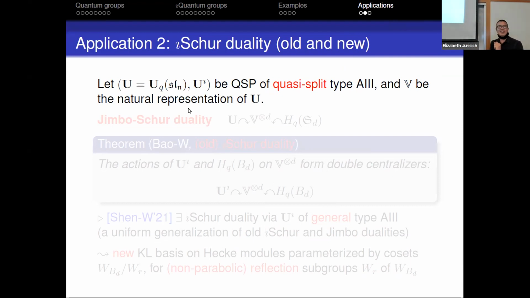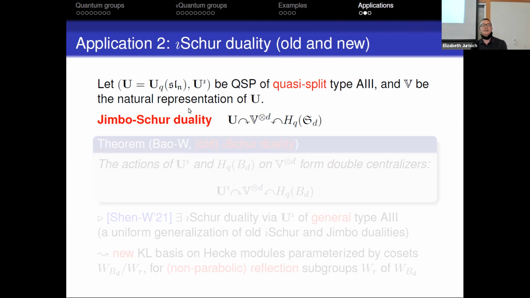Anyway, this is a subalgebra of quantum sl_N type A, and V is the natural representation. And then we have the usual Jimbo duality. Quantum group and the Hecke algebra of type A form double centralizers when acting on V tensor d.